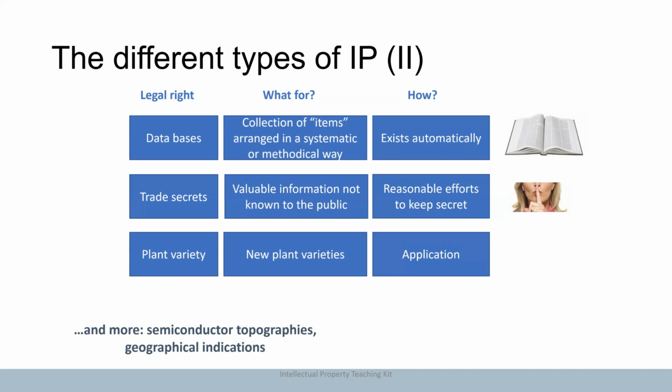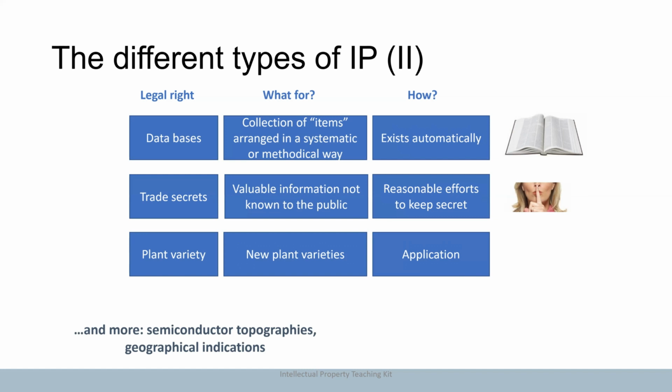And then we have also the new plant varieties, which serve to protect the new species, the new varieties of plants or vegetals, and we need to make an application to get the right.